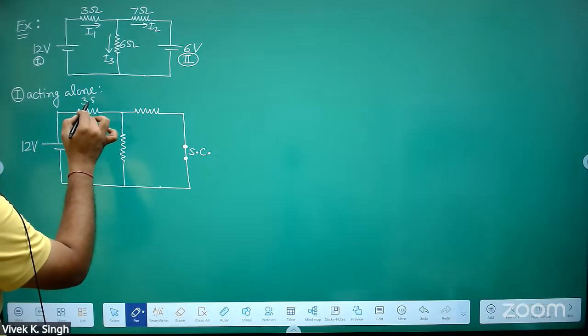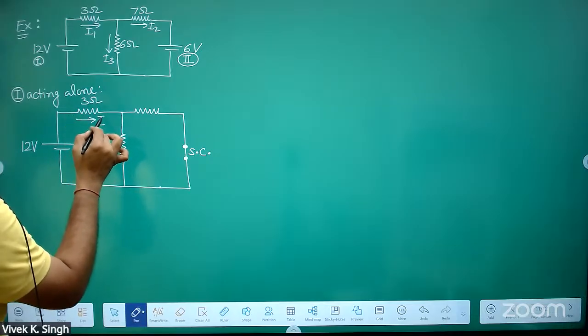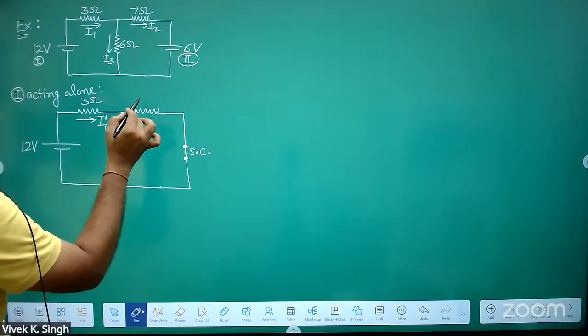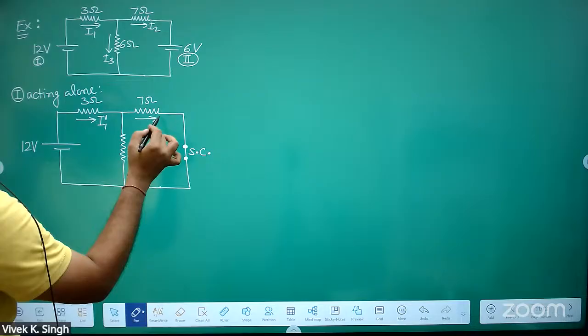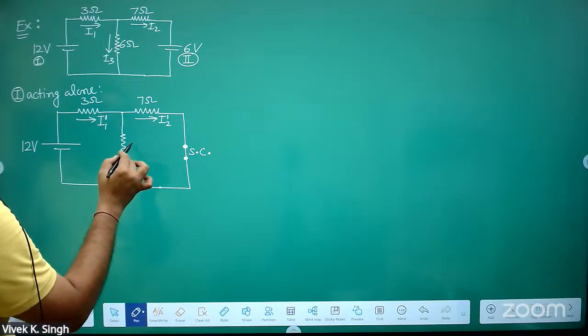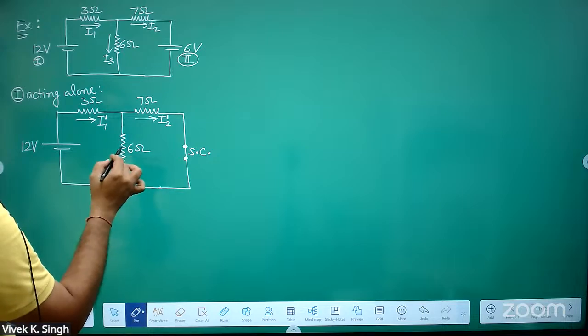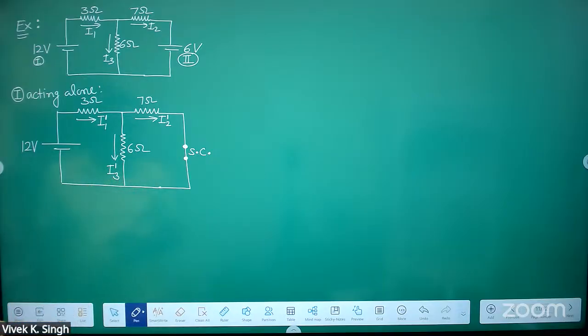This is 3 ohm. Now I am taking this current to be I1 dash. This is 7 ohm. This will be I2 dash. Okay?